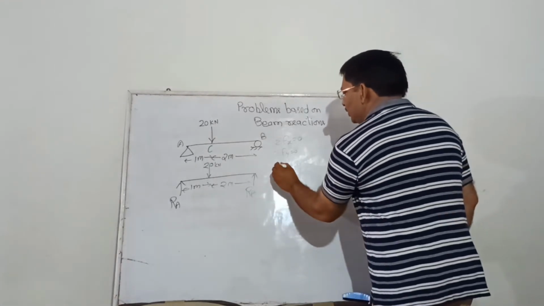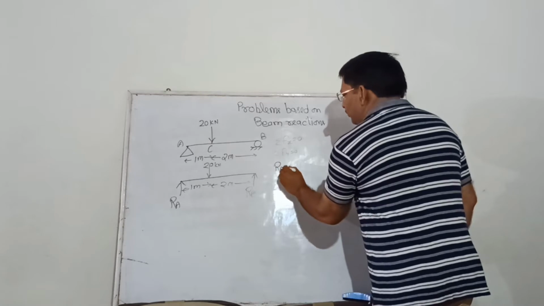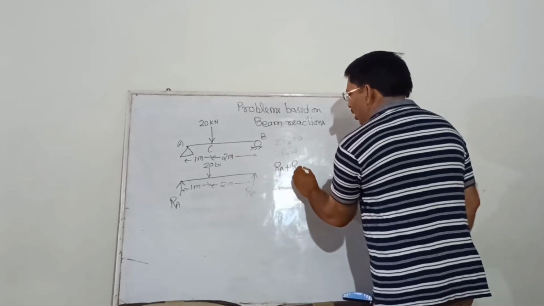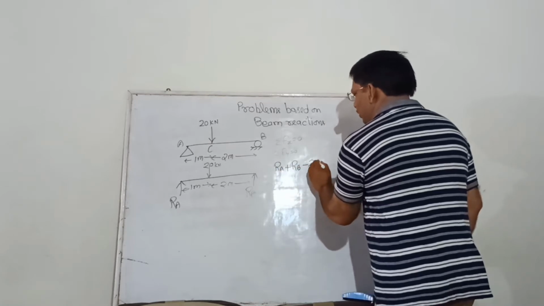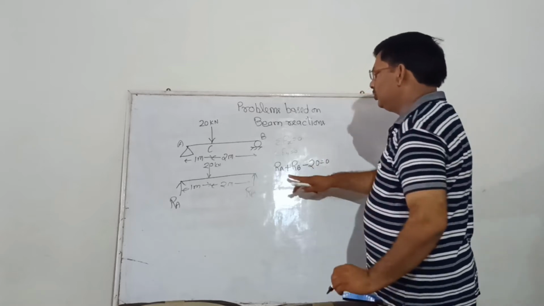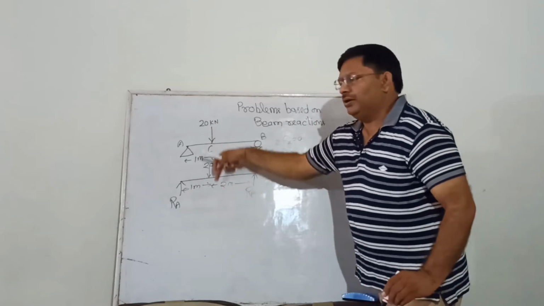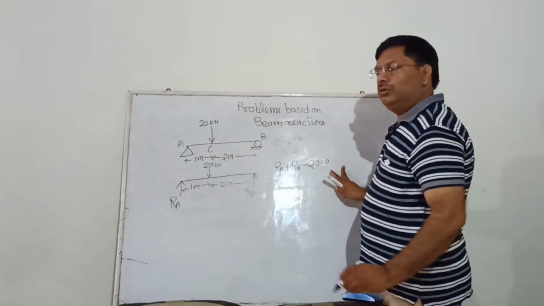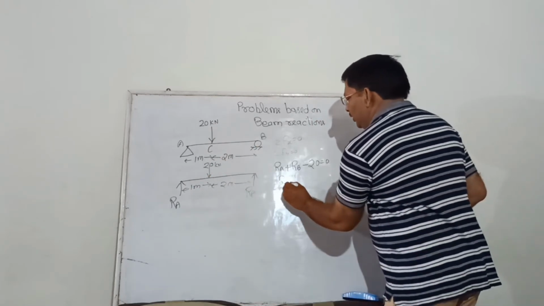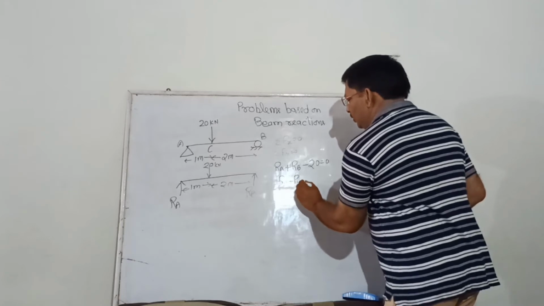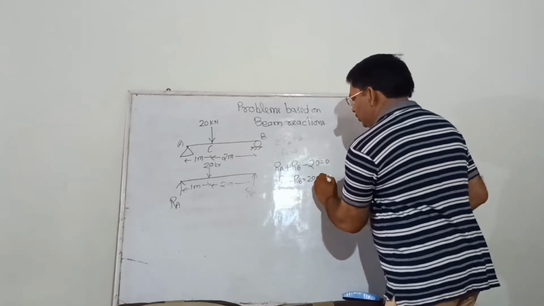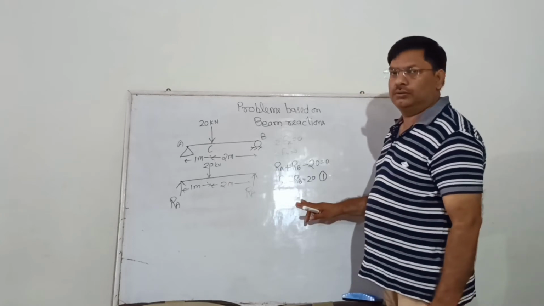So we will write the equation as sum of all vertical forces: RA plus RB minus 20 equal to 0. So we can write it as RA plus RB equal to 20. This is equation number 1.